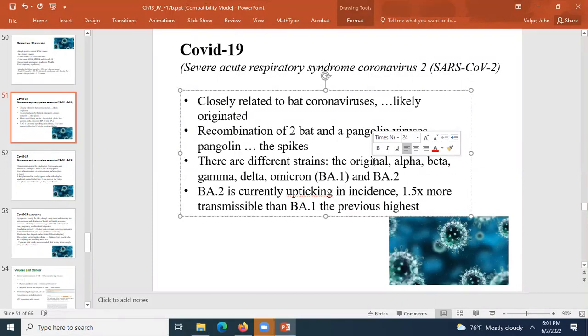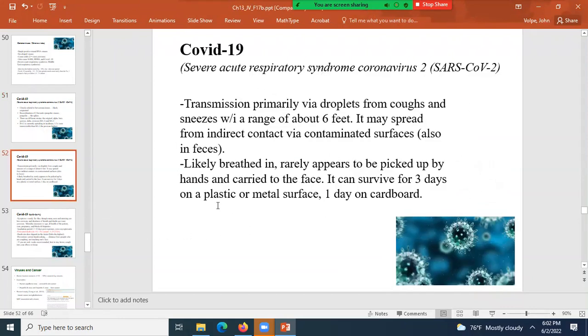And it might be as high as 50 times more transmissible than the flu, because I don't know the exact numbers. I only know the hard fact that it's 1.5 times more transmissible than BA1. And I think BA1 was about 10 times more transmissible than the original. Any question about any of that?